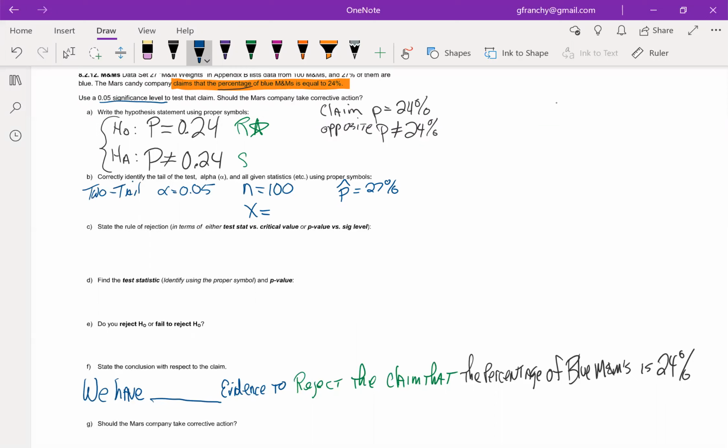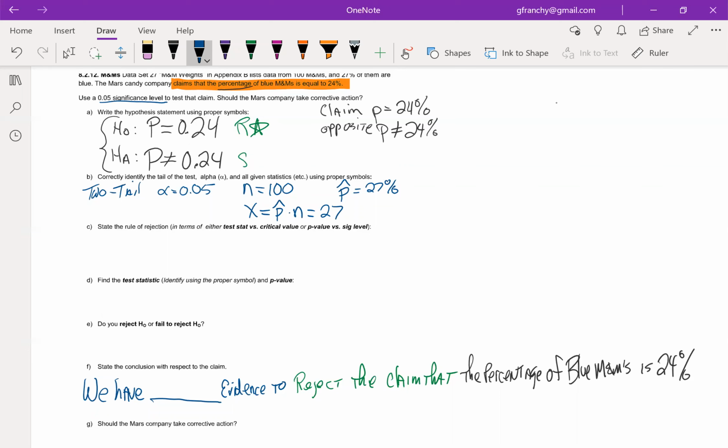But good news for us, we can take the sample proportion, multiply that by the sample size, and when sample size is 100, that's going to be 27 as well. That's only because our sample size was 100 though.